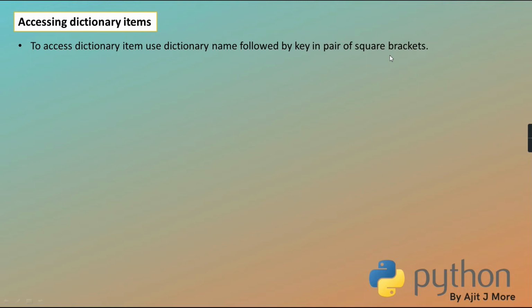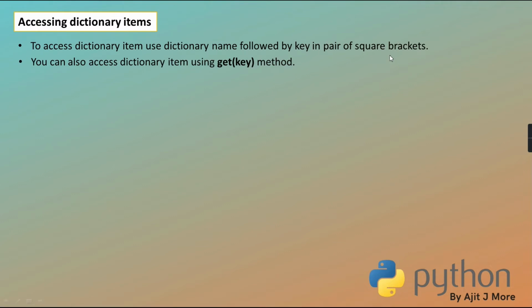The only difference between subscript notation, that is index notation, and the get method is, if the key is absent and you are accessing using square brackets, it will throw an exception, key error, which it doesn't do for get. In case of get, if the key is absent, it will return None by default, and if you have given some value, that value is used when the key is absent.